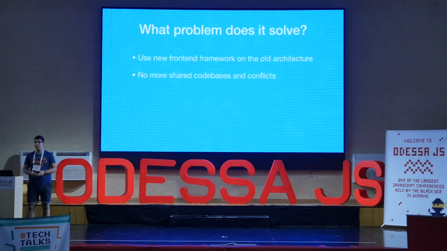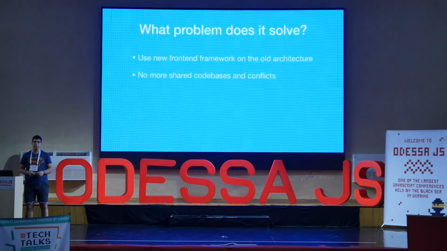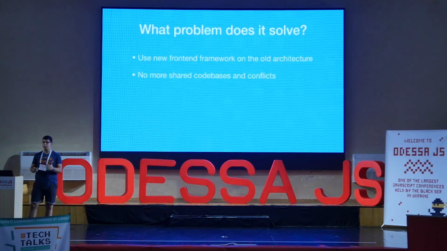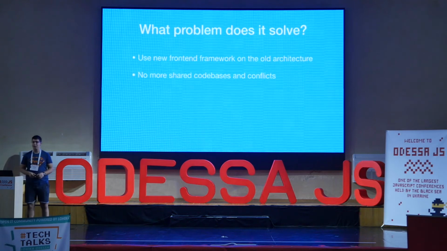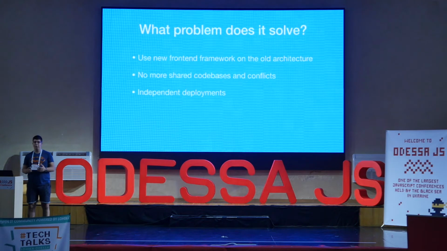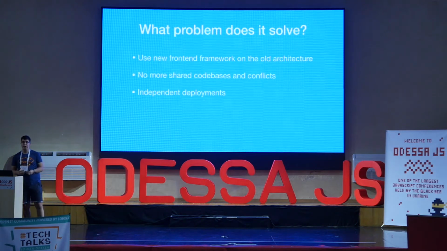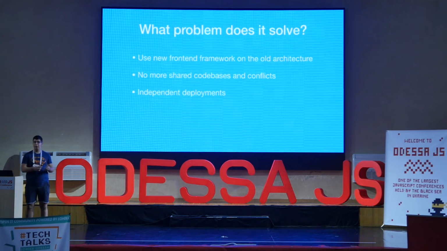And it would be better if we just decoupled applications into smaller apps and give independence to the team and freedom to develop. So you have independent deployments. Same thing that we have in the back end where you can just fix one service, deploy just that service. The same thing you can get on the UI.